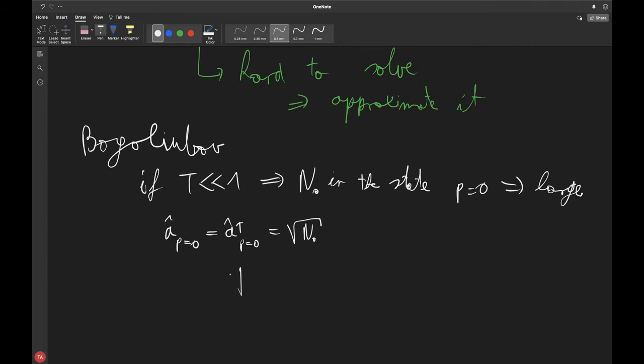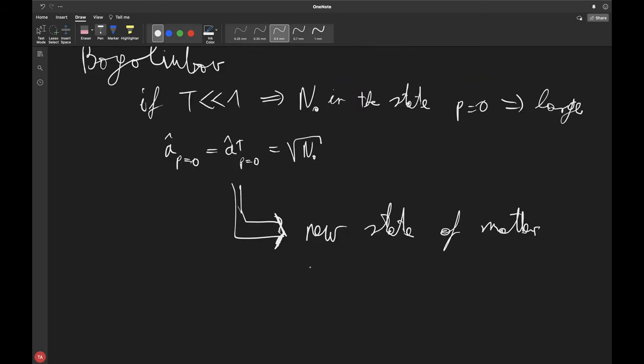And when all of this happens, there is going to be a change in the state of matter, a new state of matter, which is called the Bose-Einstein Condensate.